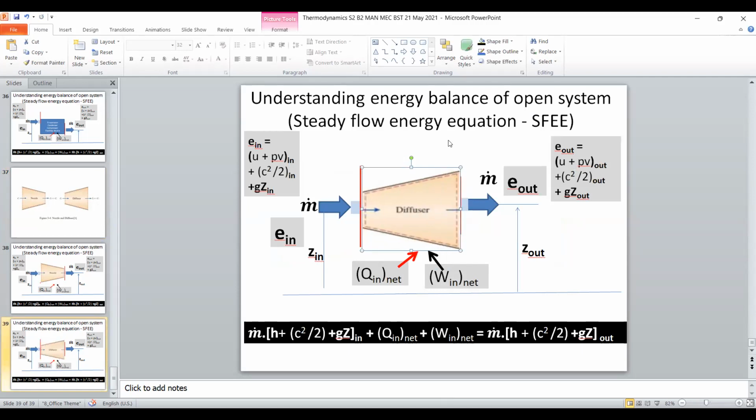You can do the analysis. Okay. Very interesting. So for diffusers, you can customize this. You can go through the notes, back to the note.